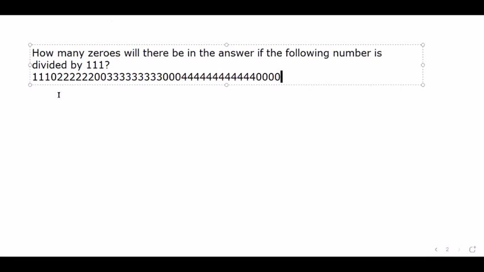Okay, so when you divide this by 111, now let's just count the zeros that will appear here. If you want, you can divide it directly. Like for instance, 111 goes into this one time, but that might be a little bit frightening.